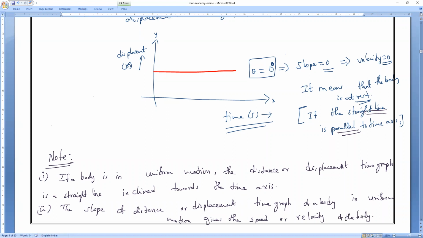If it is a distance-time graph, it gives speed. If it is a displacement-time graph, it gives velocity. That is what you have to remember.